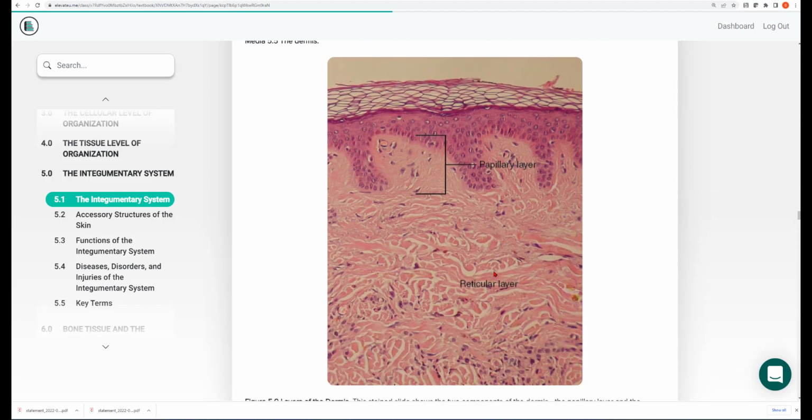The majority of the dermis is called the reticular layer. Recall that reticular means network. So this is overlapping, all those layers of collagen that are densely and irregularly packed down here are holding all of those structures of the dermis in place. Also lots of blood vessels down here. Lots of blood vessels in the dermis.